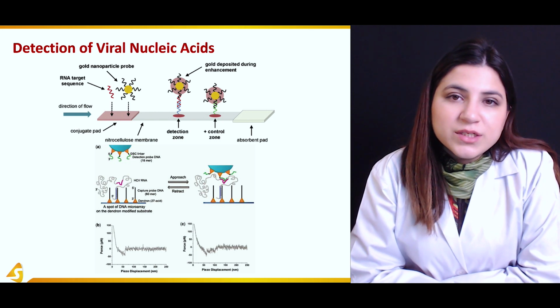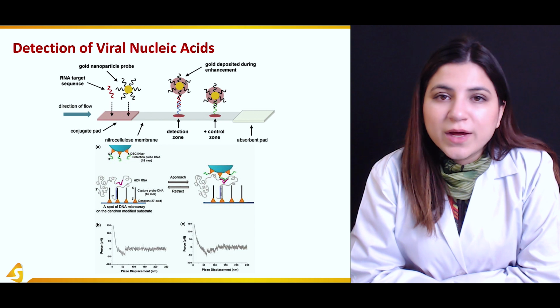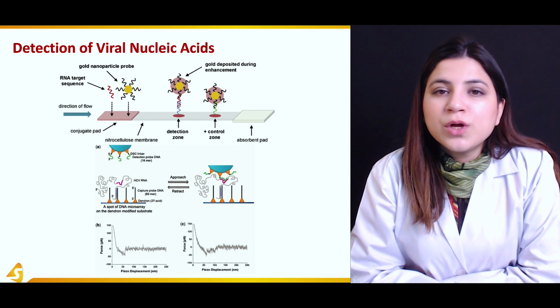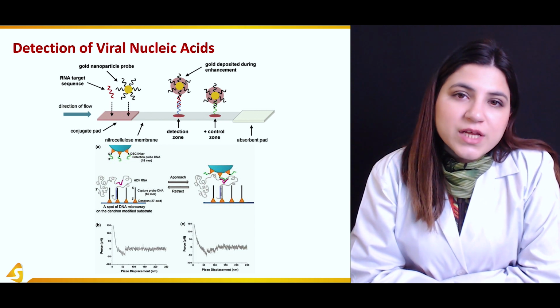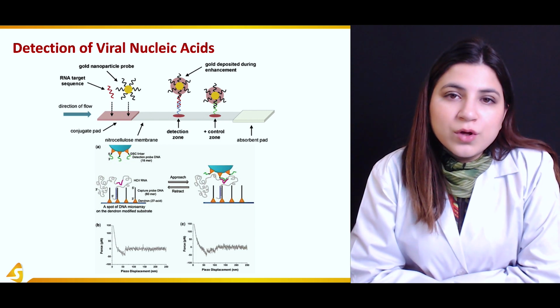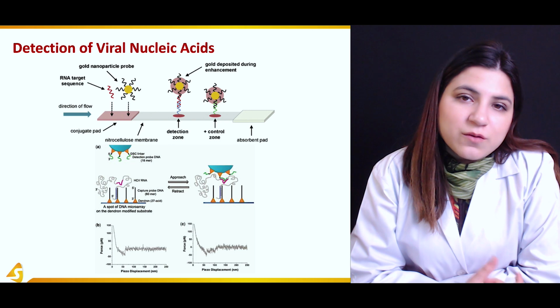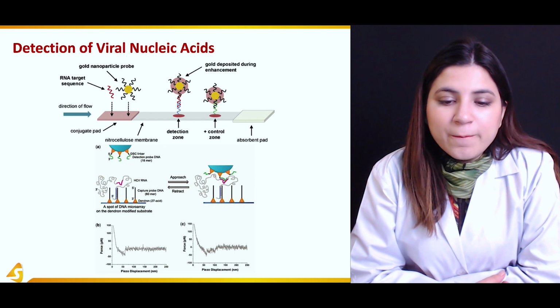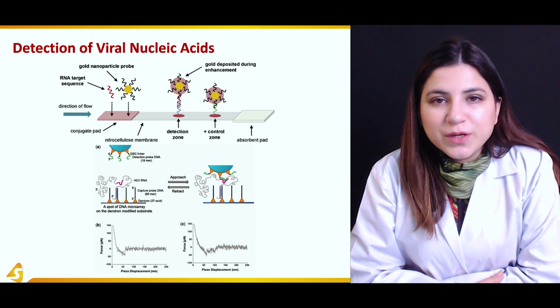So the complementarity of a nucleic acid to the viral nucleic acid is important to identify and to detect that particular virus sequence and to give out a signal of a particular viral infection that may be ongoing inside a patient sample.